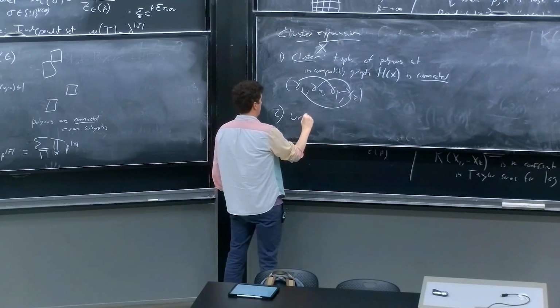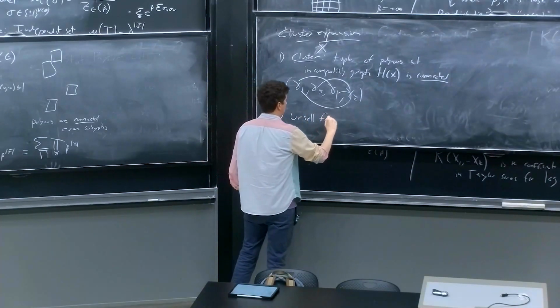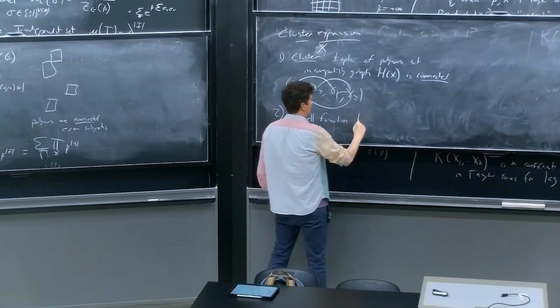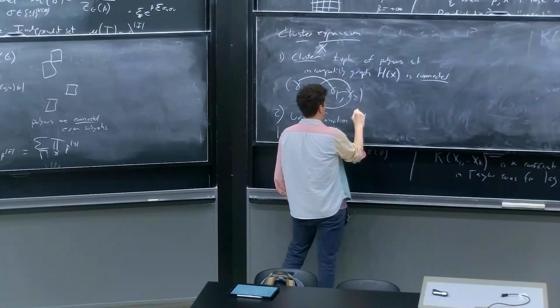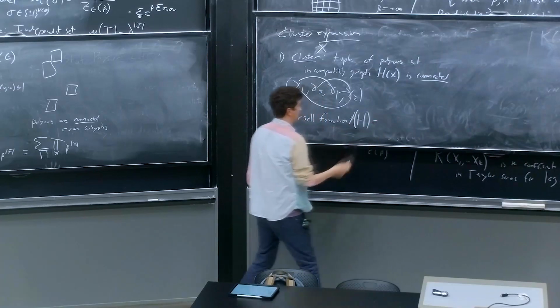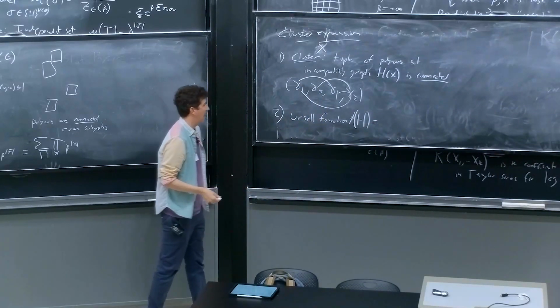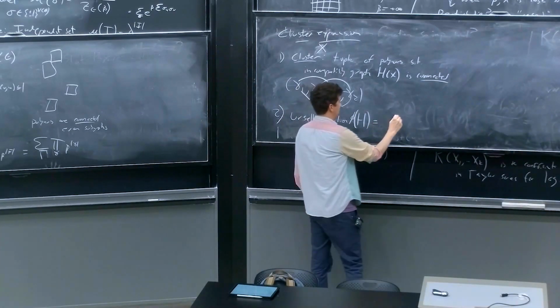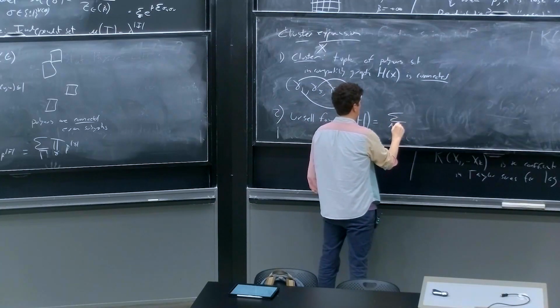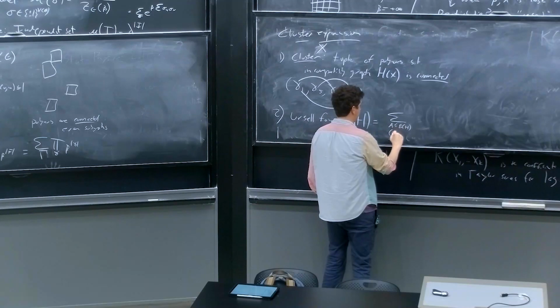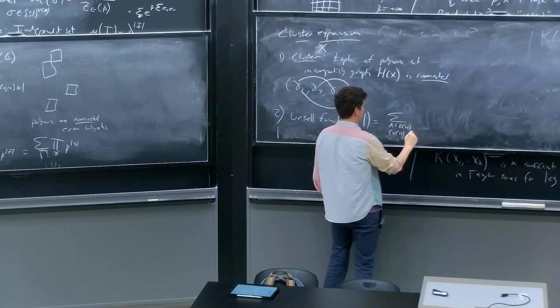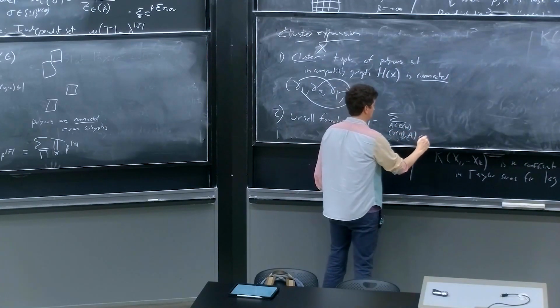Okay? And then the second definition is a combinatorial thing. The Ursell function, phi of H. So this is a functional on a graph. What is it? It's the sum over all edge subsets A of this graph such that the graph with the vertex set of H and the edge subset A is connected.